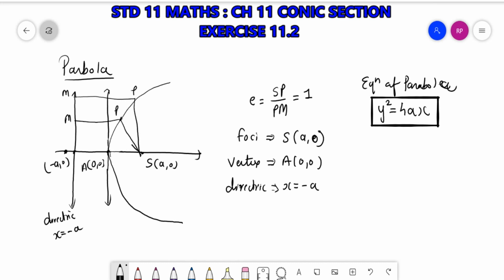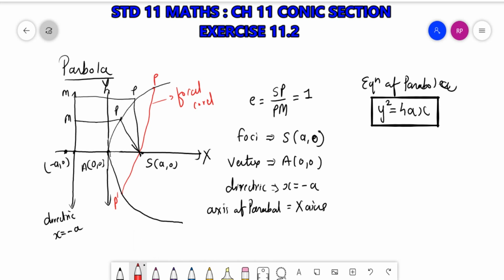Now, if I take any 2 points on the parabola such that I draw a chord passing through this focus, then this PP dash is called the focal chord. Okay, what is this? Focal chord. And see, in this case this is the x-axis, this is the y-axis. So the axis of parabola is the x-axis.